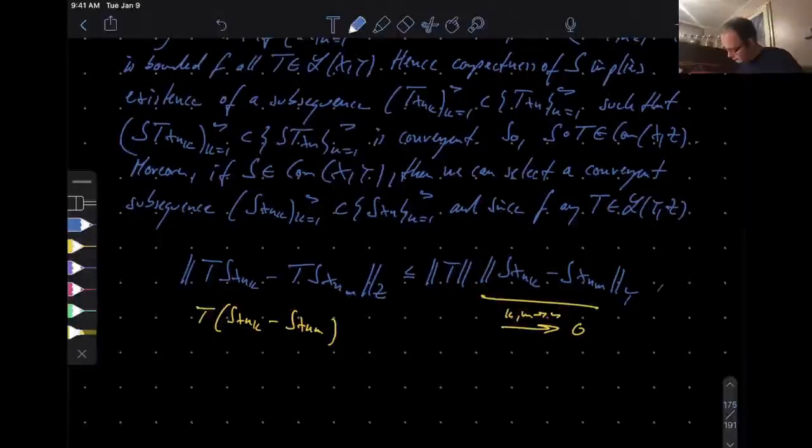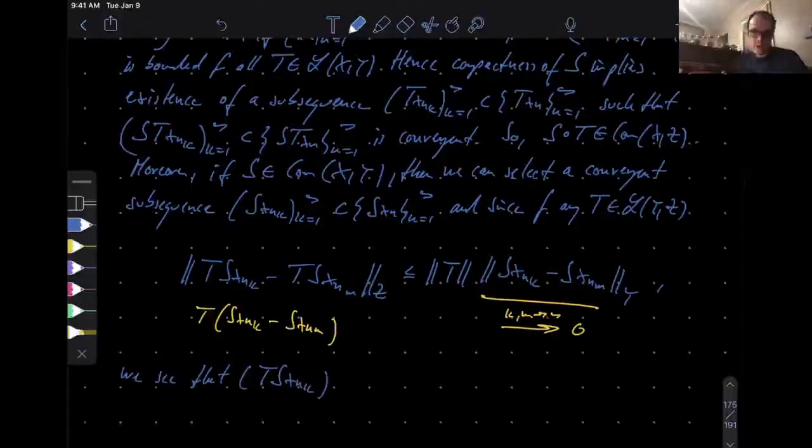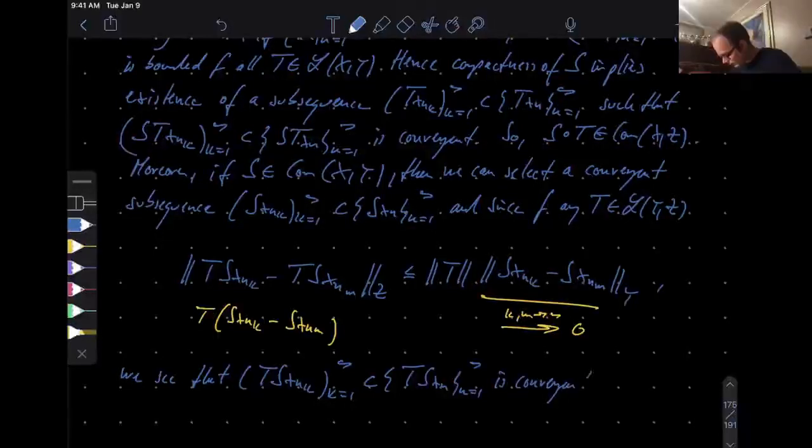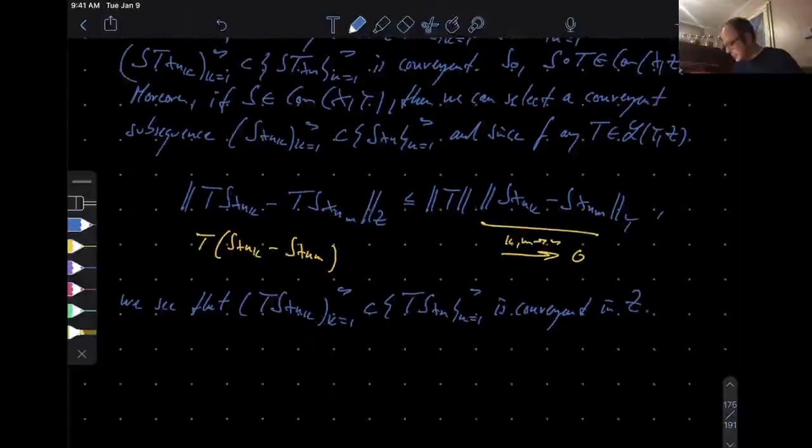Since this holds true for any such sequence, we see that T S x_{n_k} is first a Cauchy sequence, but we are working in Banach spaces, so it is convergent in C. Excellent. Thus, also this composition TS, where the compact one is on the right and the bounded one on the left, is compact.